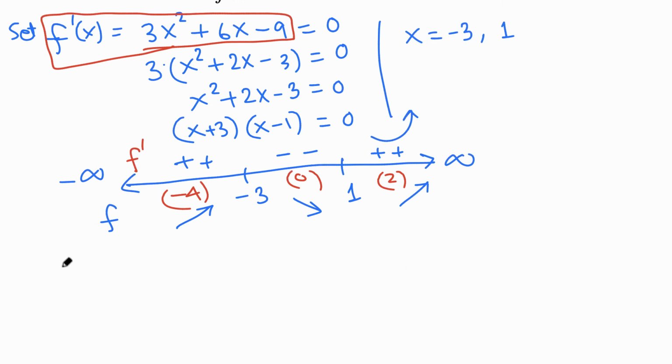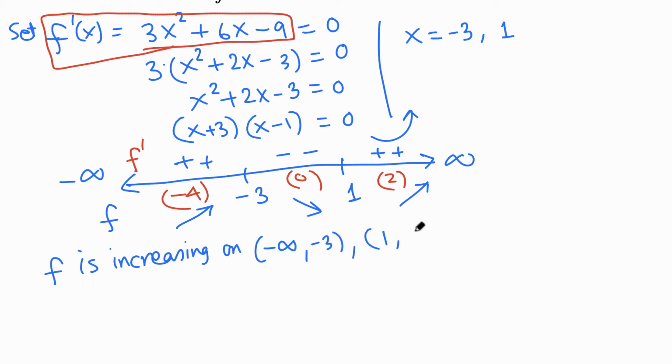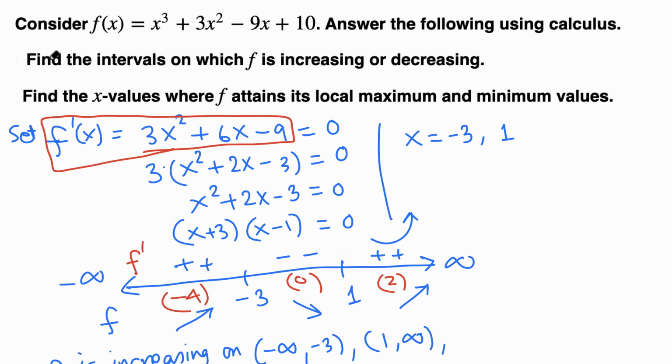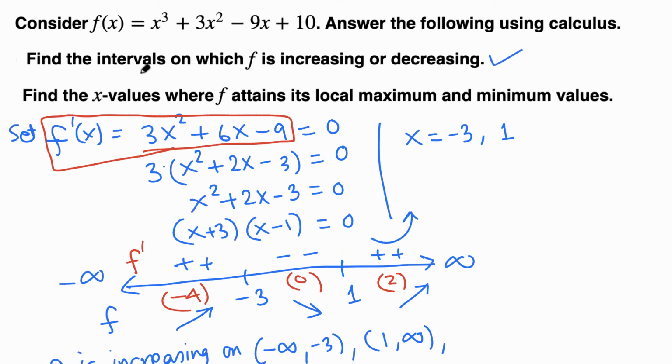We write it this way: the function is increasing on negative infinity through negative 3, and on 1 through positive infinity, and decreasing on negative 3 through 1. That's the first part, the intervals on which the function is increasing or decreasing.